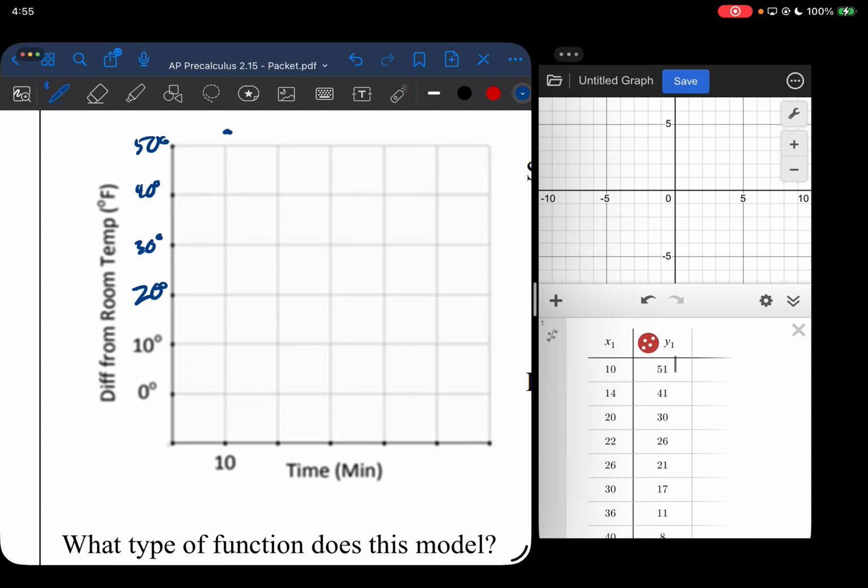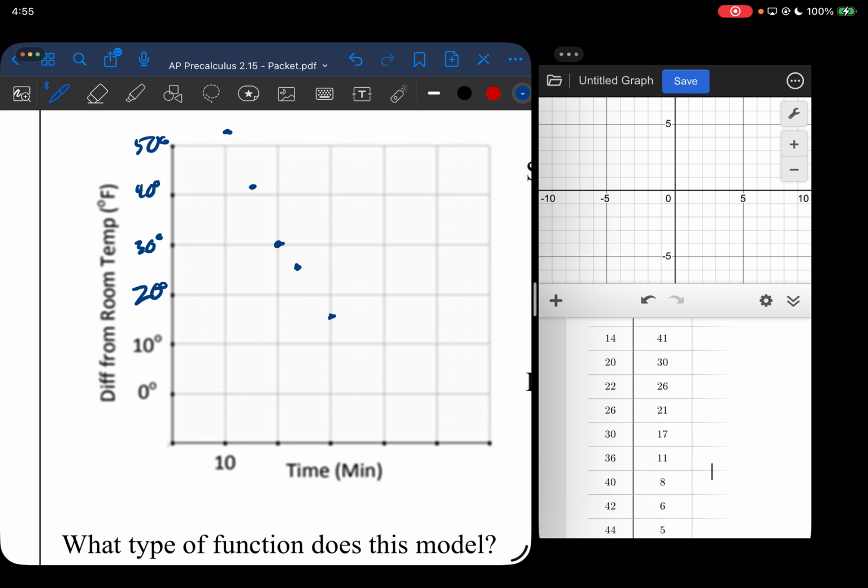At 14 minutes, it's at 41 degrees. At 20 minutes, it's 30 degrees. At 22 minutes, it's at 26. At 30 minutes, it's down to 17. At 36, it's at 11. At 40 minutes, it's at 8. At 42 minutes, it's at 6. And 44 minutes is 5.